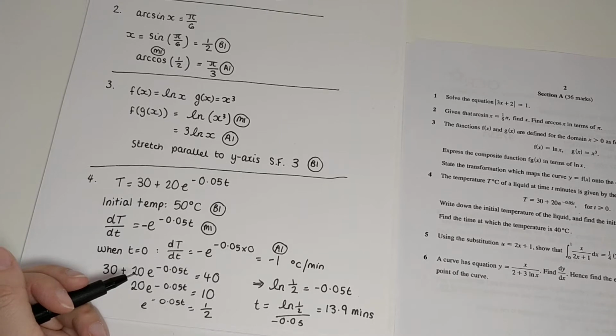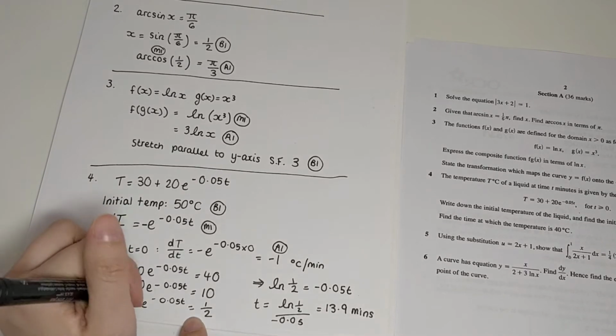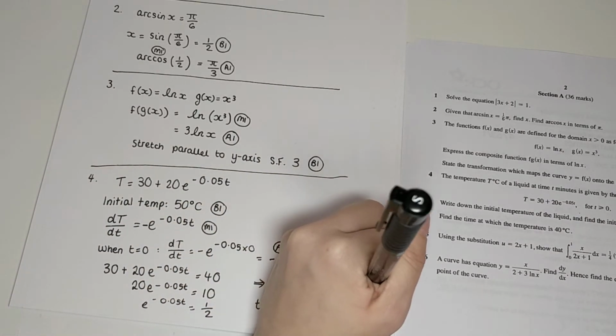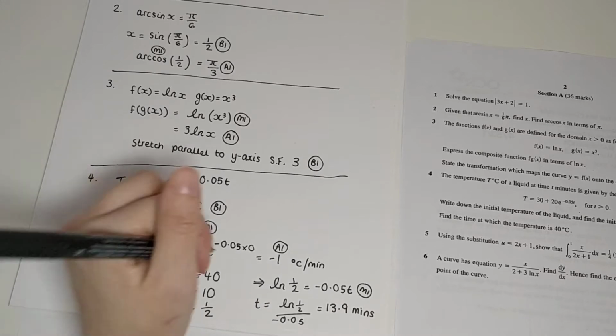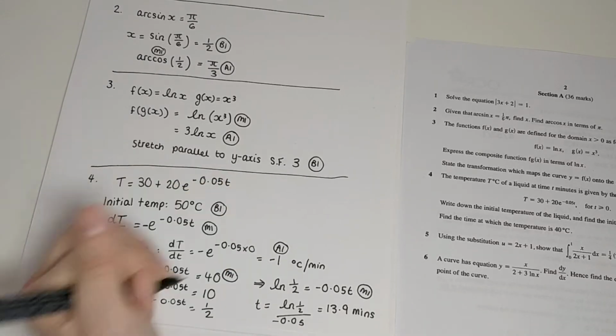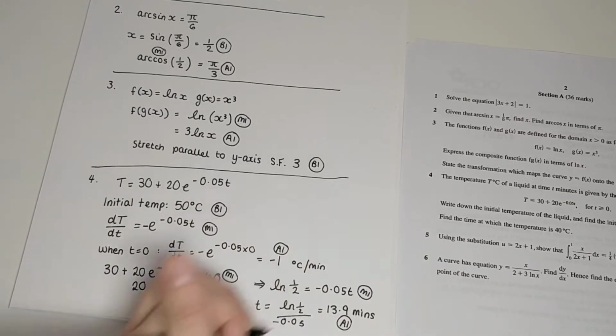What else? M1 for taking logs. So this step here gets M1. Oh no, wait, I missed one. You also get M1 for just equating it to 40. And then accuracy mark for the answer.